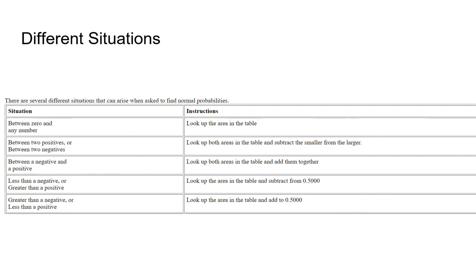Some different situations that occur with a z-score that I think everyone should know: between 0 and any number, just look up the area in the table. If you have between two positives or between two negatives, look up both areas in the table and subtract the smaller area from the larger area. Between a negative and a positive, look it up and then add them together.